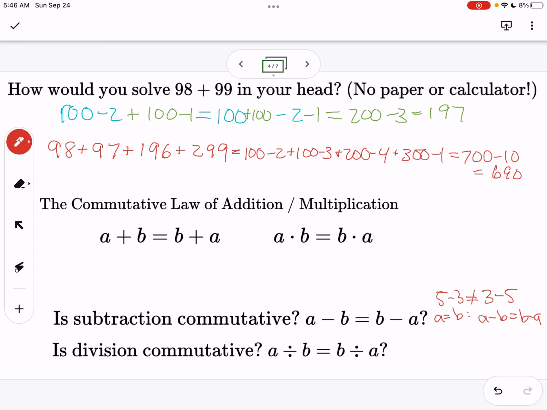Is A divided by B equal to B divided by A? Generally speaking, no. So no, these operations are not generally commutative. Now, for division, if A equals B, then A divided by B will equal B divided by A, which will equal 1. Or if A equals negative B, if you divide them, you get negative 1.